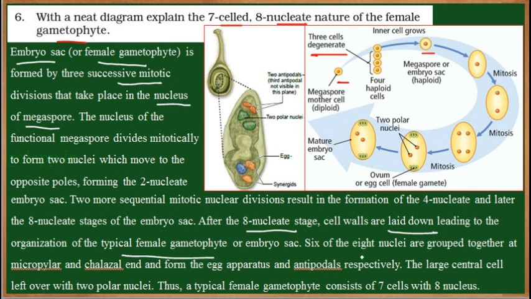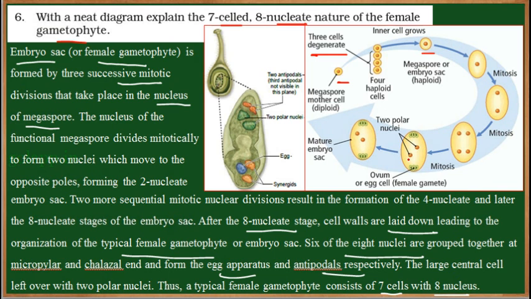Or the embryo sac. 6 of the 8 nuclei are grouped together at the micropylar and the chalazal ends and form the egg apparatus and the antipodals respectively. The large central cell is left over with 2 polar nuclei. So thus a typical female gametophyte consists of 7 cells with 8 nuclei.